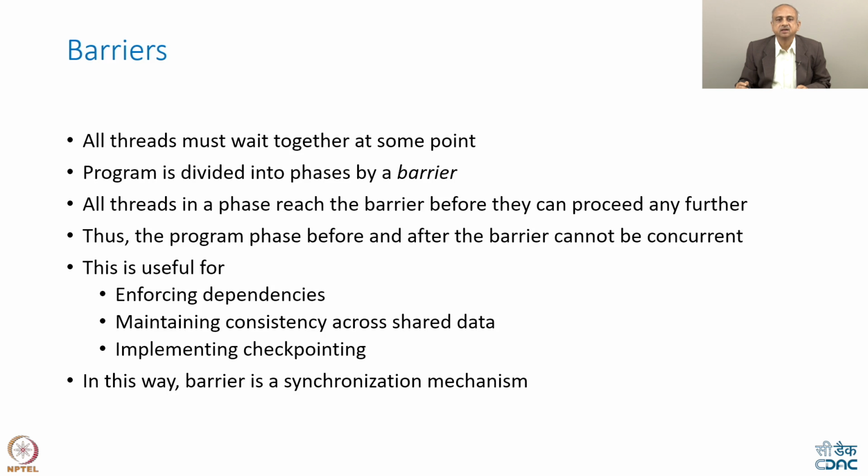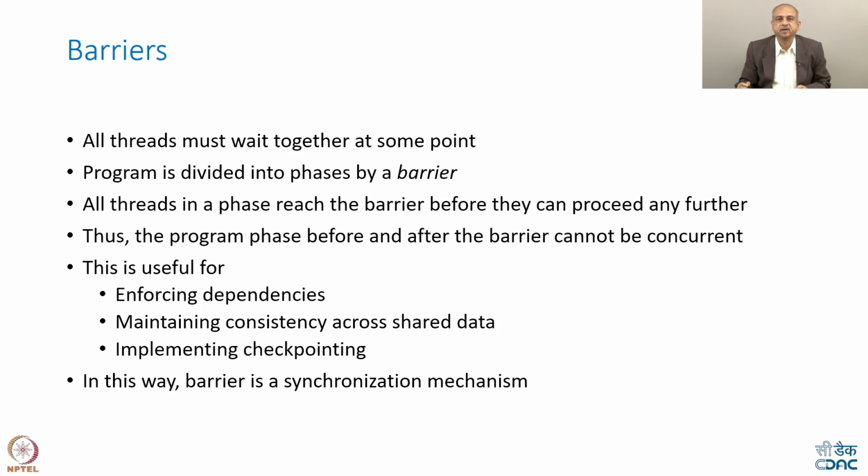As a result, the tasks which are running before the barrier and the tasks which are running after the barrier cannot be concurrent. Only when all those tasks which are before the barrier complete, only then the tasks that are after the barrier can proceed. Now, how is this useful?